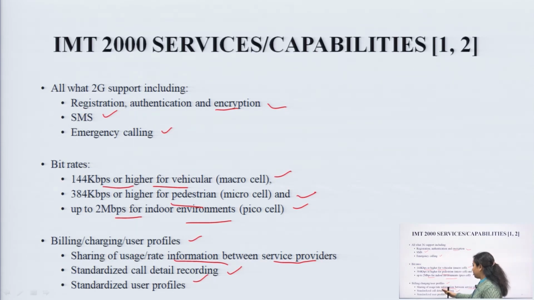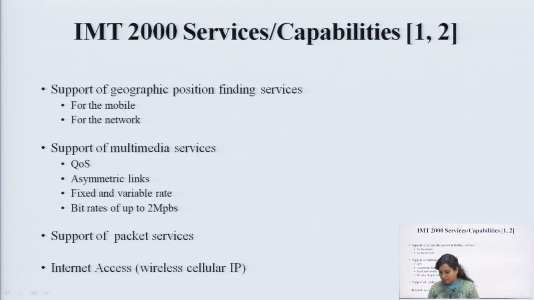Also, a standard call detail recording is there; call recording may not be possible in GSM or the first generation, that is AMPS, but it is possible with IMT-2000. The call recording can be made, and standardized user profiles are there. So, these are some of the services.